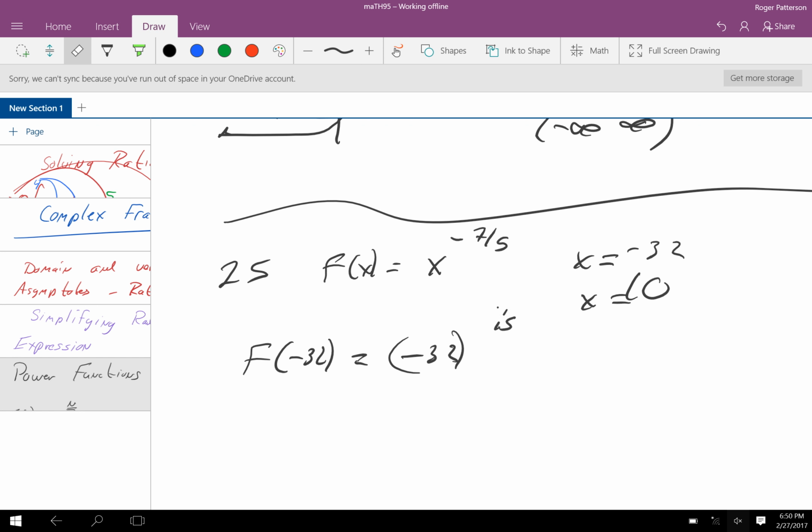If you're going to put it in your calculator like this, you got to make sure you put parentheses around that whole thing there. So it's going to be a pretty small number relatively. Negative 0.00781.